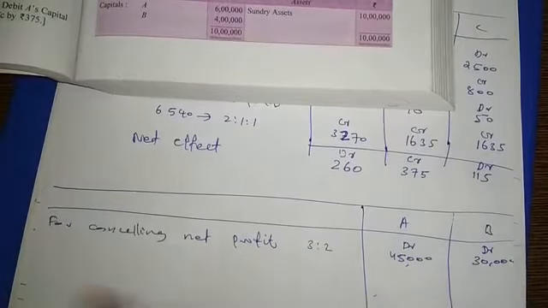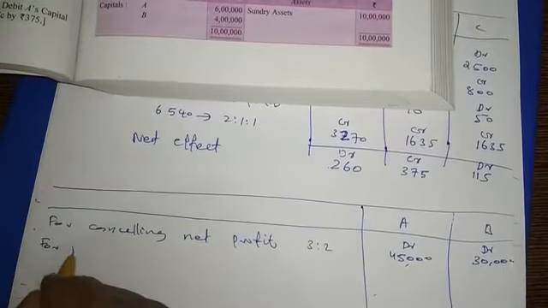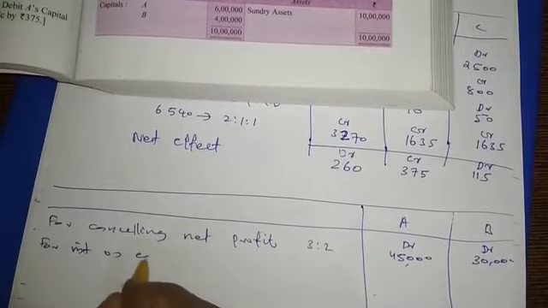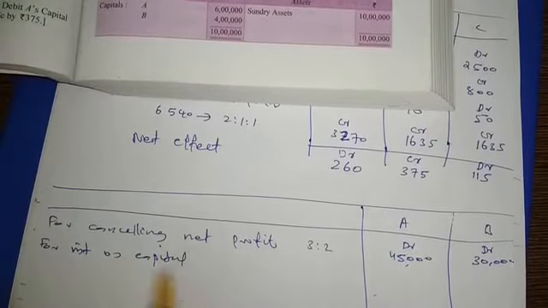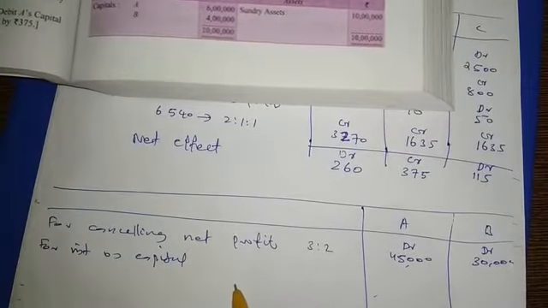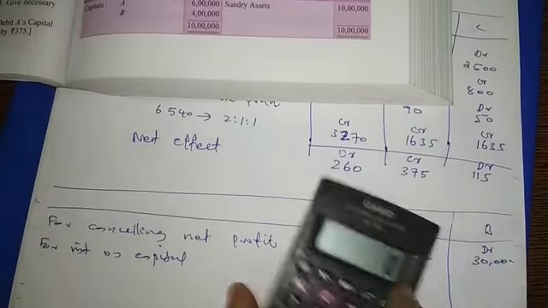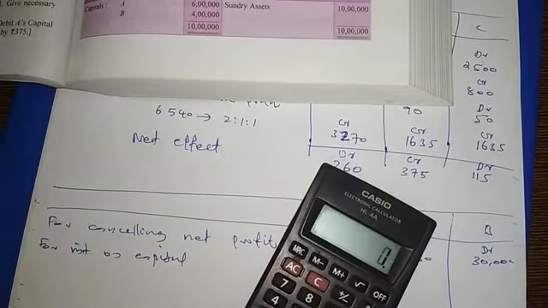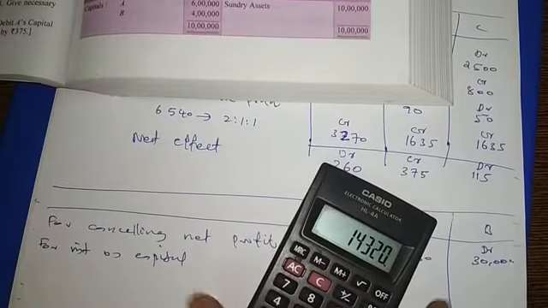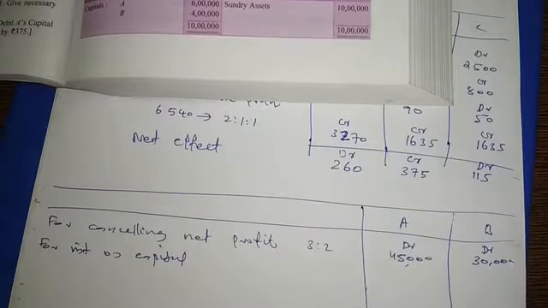The next statement is for interest on capital. Interest on capital, we need to find out according to the opening capital, and the rate of interest is 8%. So 8% of 1,79,000, it comes to 14,320.